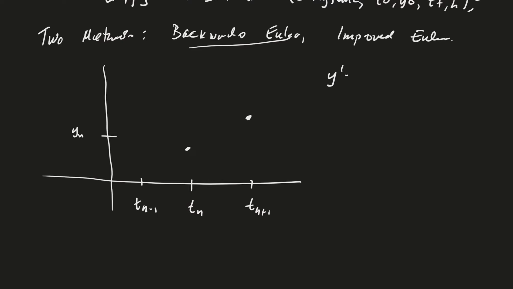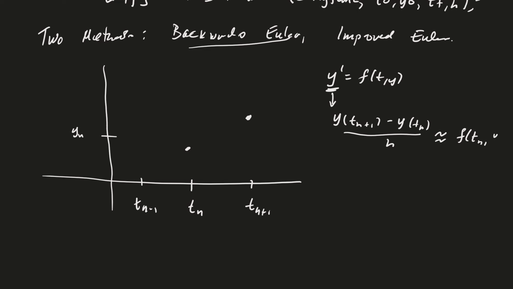If we have y prime equals f of t, y, I can approximate the derivative by using the difference formula. And so that would be y at Tn plus 1 minus y at Tn divided by the step size, or Tn plus 1 minus Tn, and that would be approximately f of Tn, Yn, because I'm approximating the derivative here, using this slope here to do that approximation.